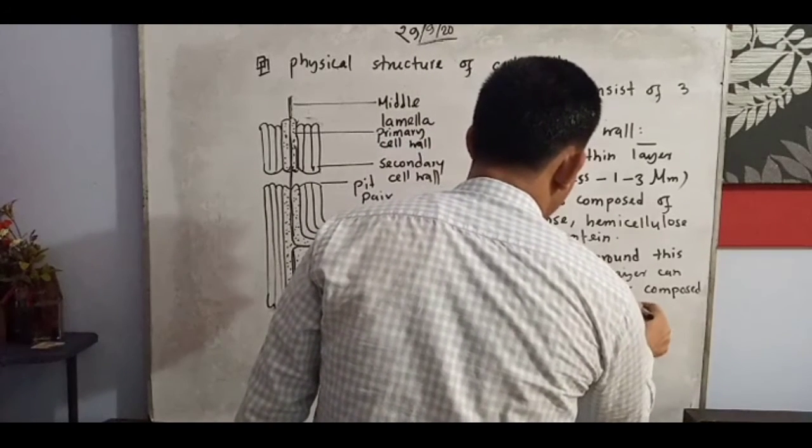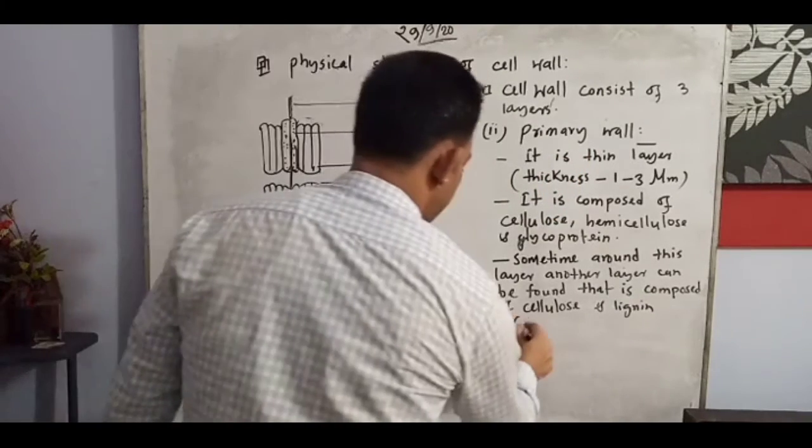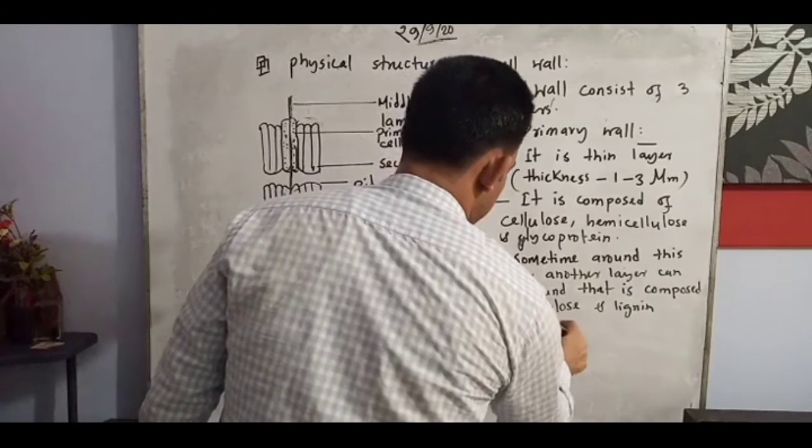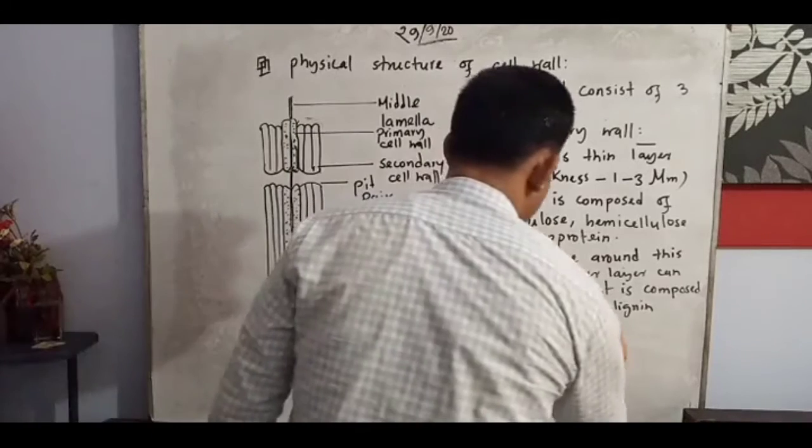I have written this one, cellulose and lignin, and the thickness is actually 5 to 10 micrometer.